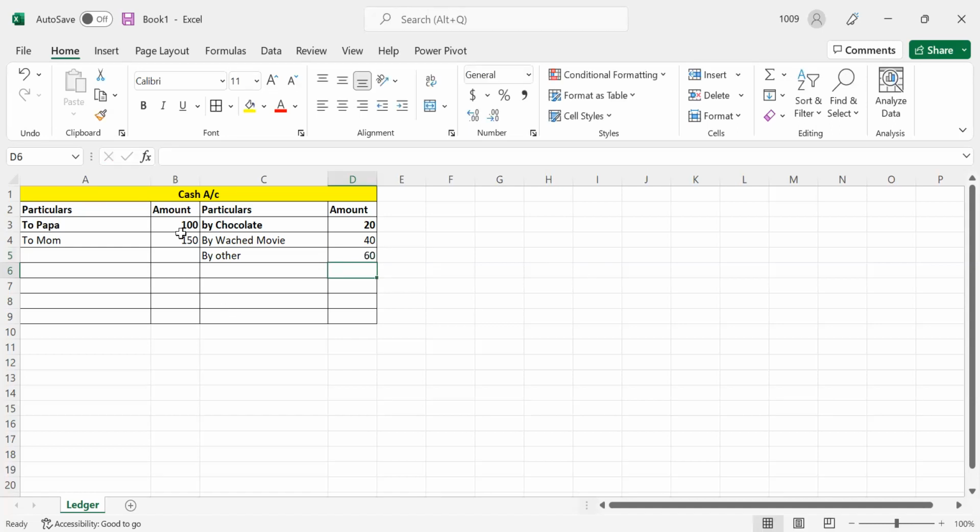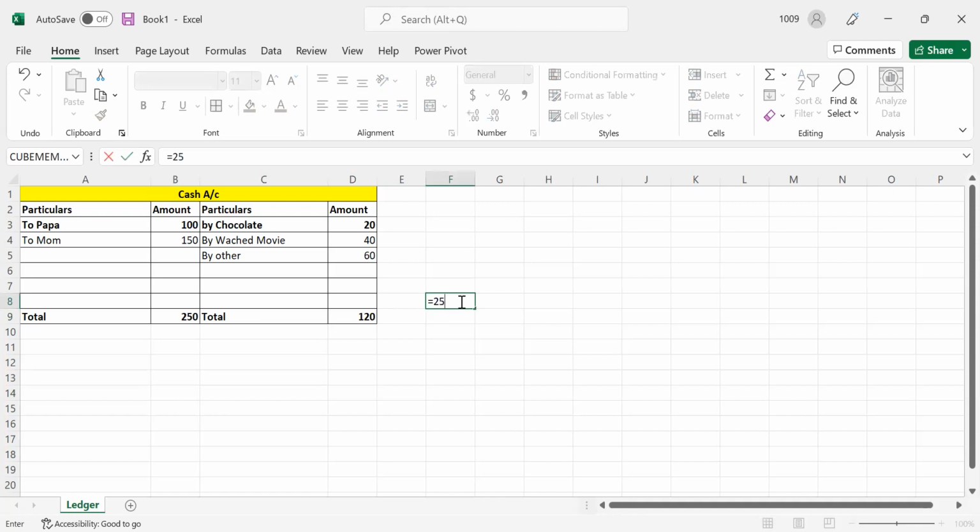What I'm going to do is make a total of these 2 sides, debit and credit. The left side is known as debit and this is known as credit. 250 is the total here, and also write Total here. Make it bold, Control B. Here 250 minus 120 is 130.